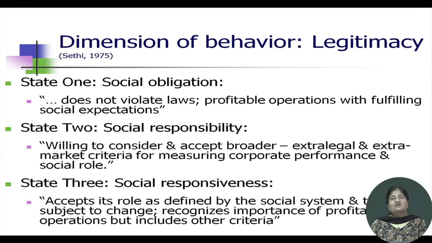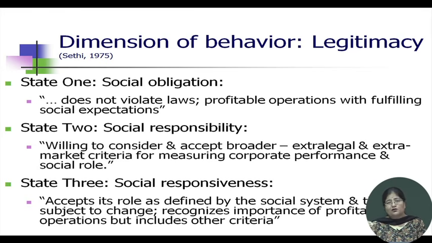Now, we will discuss various dimensions of behavior, and we will see what happens along these dimensions at different states of understanding. With legitimacy, in state 1, social obligation, we assume the organization does not violate laws. It engages in profitable operations while fulfilling social expectations. So we will do whatever it is to avoid getting into trouble with the law, and we will still run a profitable organization.